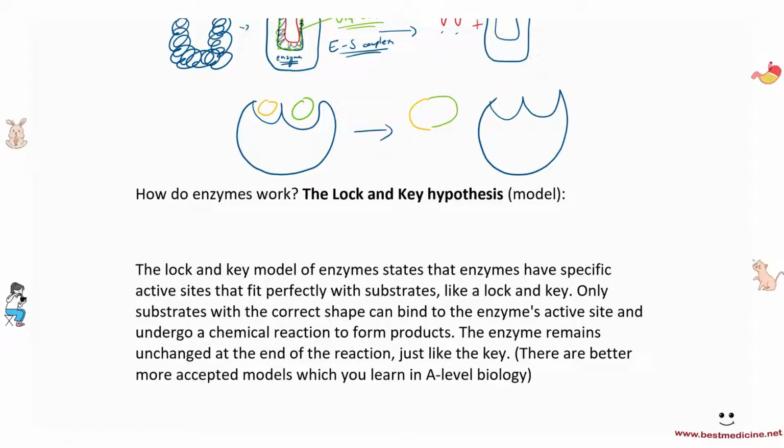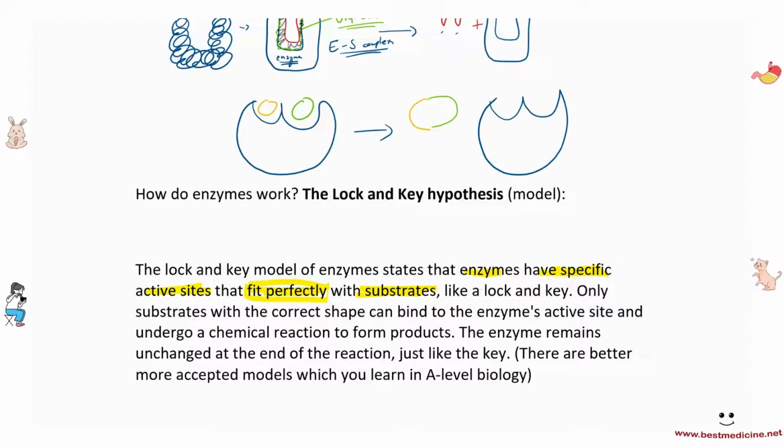Remember, a key is very specific for a lock, and it is able to unlock the lock and itself remain unchanged. Similarly, an enzyme, right, is specific to the substrate. So the lock and key model of enzymes states that the enzymes have specific active sites that fit perfectly, which is a key word here, with substrates, like a lock and a key.